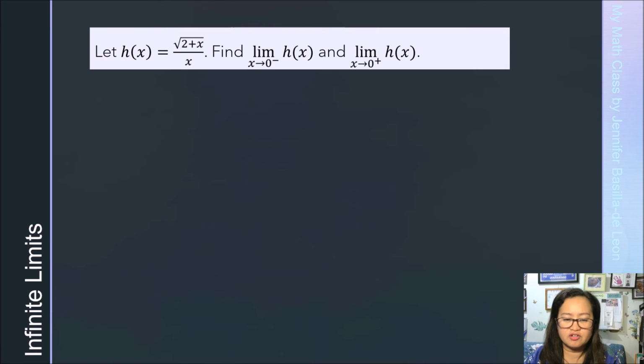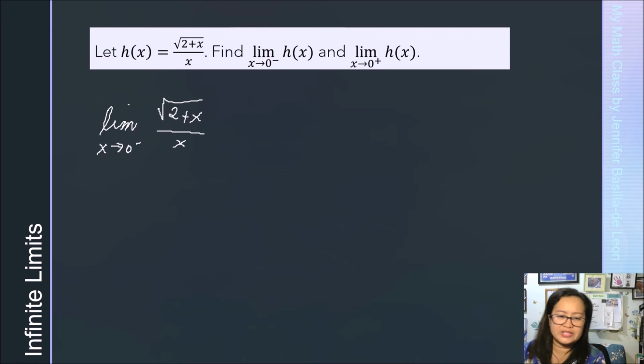First, we have to determine the value of c. Okay, so take note, we have the limit of h of x, so that would be the square root of 2 plus x over x as x approaches 0 from the left.